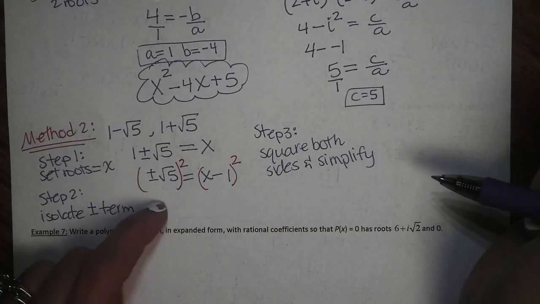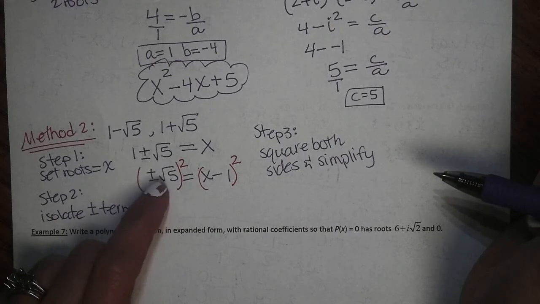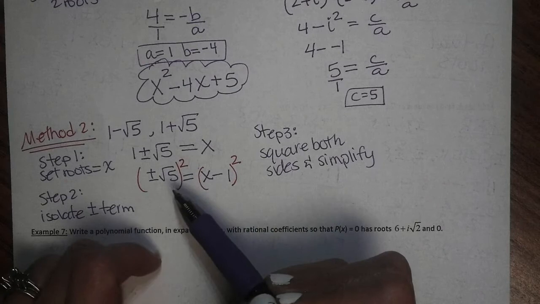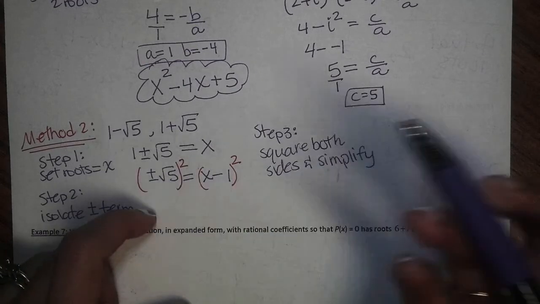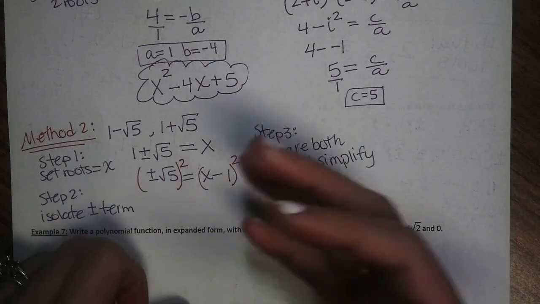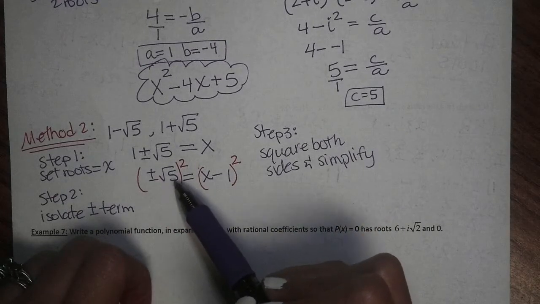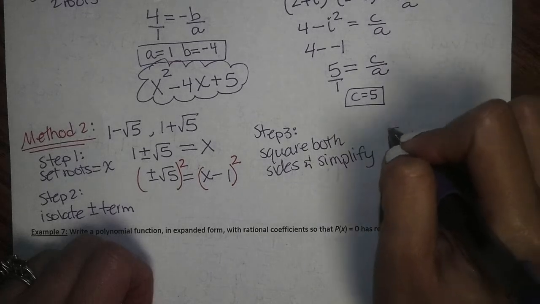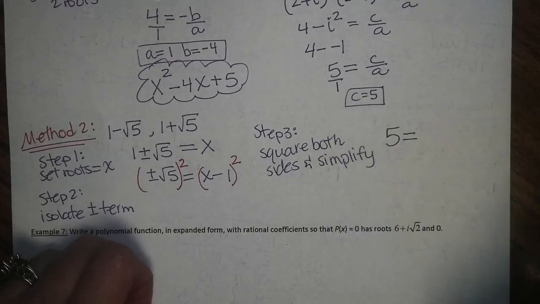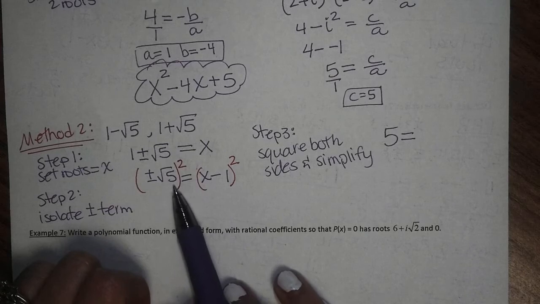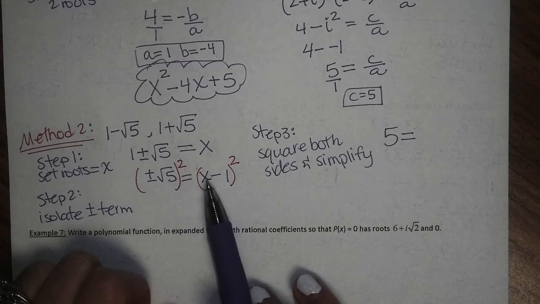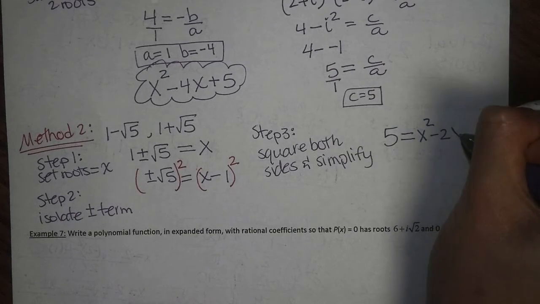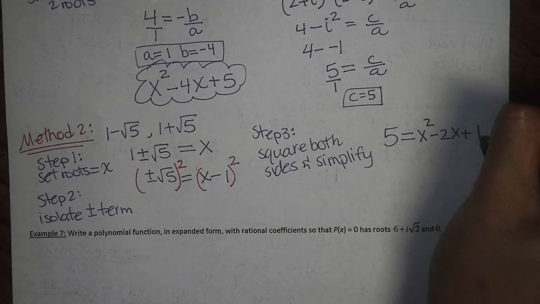Here's what's going to happen with this plus minus when you square it. It's going to go away because a positive number squared is positive, and a negative number squared is also positive. So plus or minus root 5, when you square that, just becomes a regular positive 5. And that should equal x minus 1 squared, so that's x squared minus 2x plus 1.